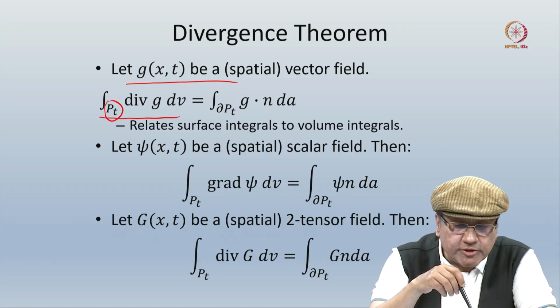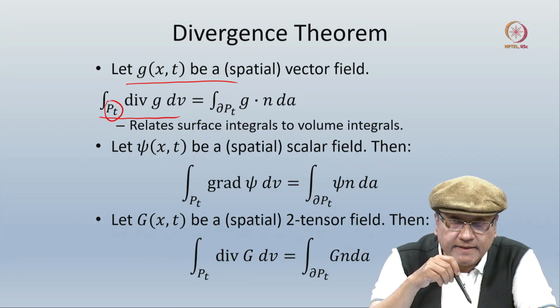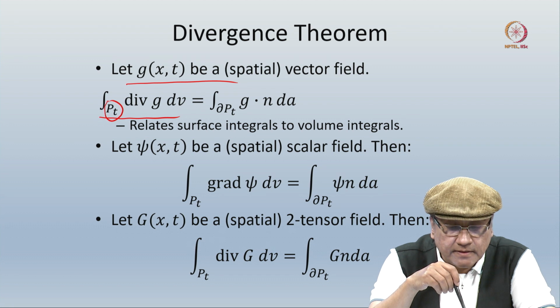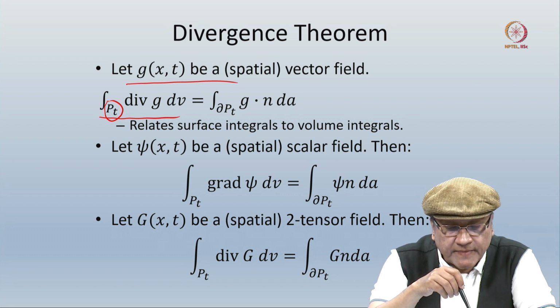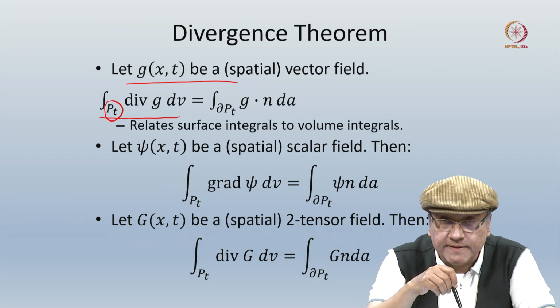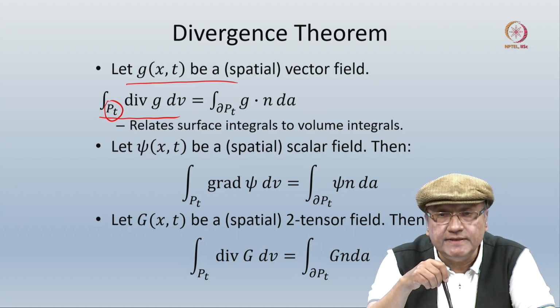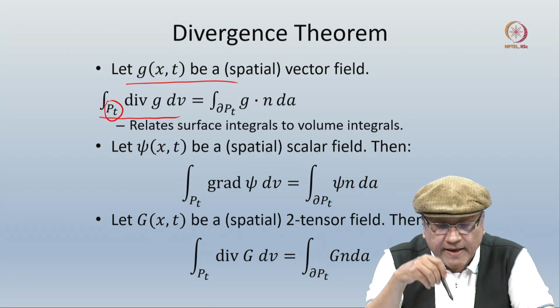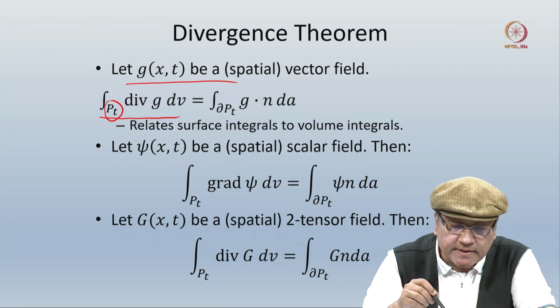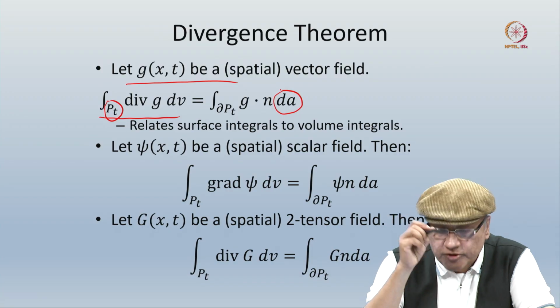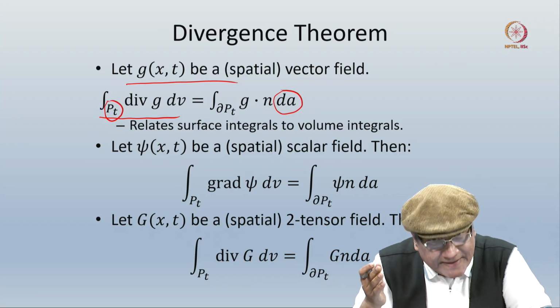Specifically the surface integral is over the surface of G dot n dA, where n is the unit outward normal to this infinitesimal area element dA, which is assumed to be oriented.